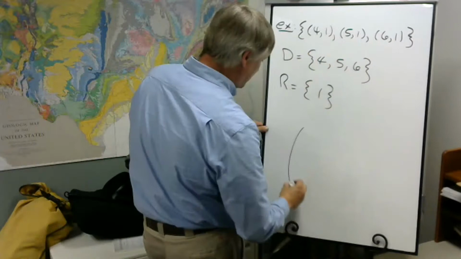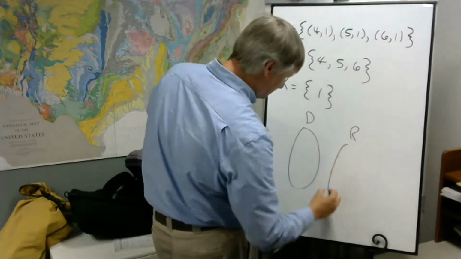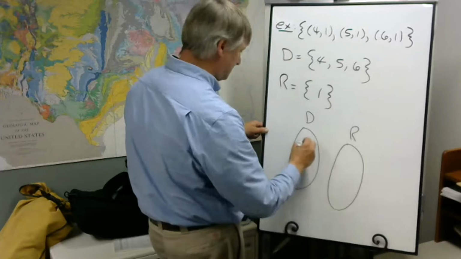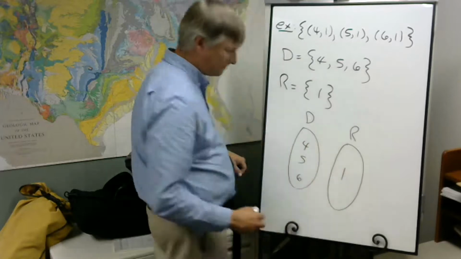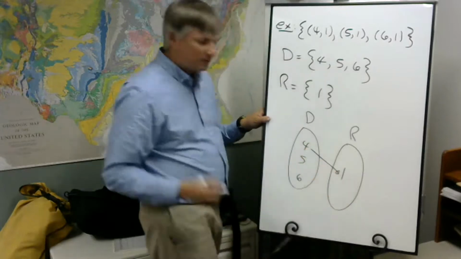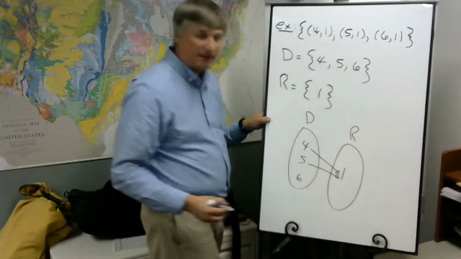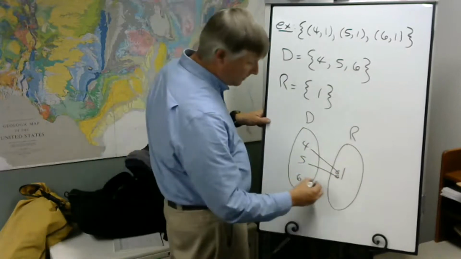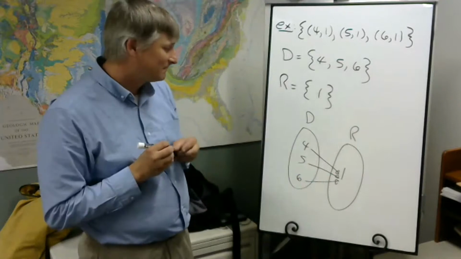So if you do your domain range chart, well, you work 4 hours, you'll get a $100 bill. If you work 5 hours, you'll get a $100 bill. If you work 6 hours, you will get a $100 bill.